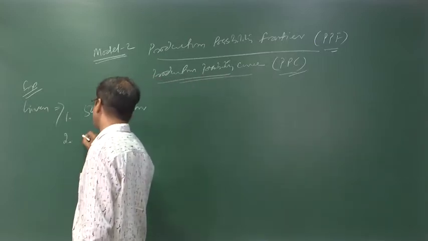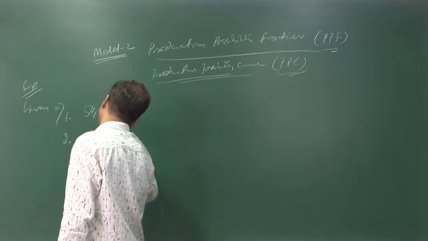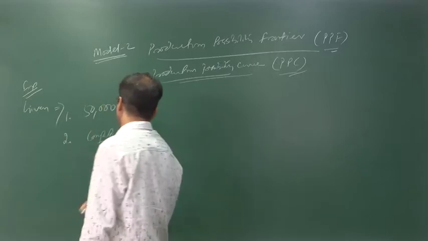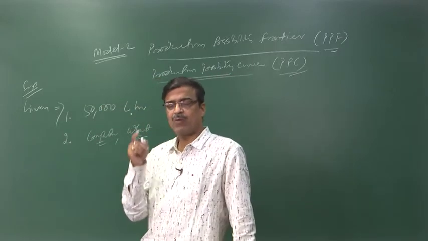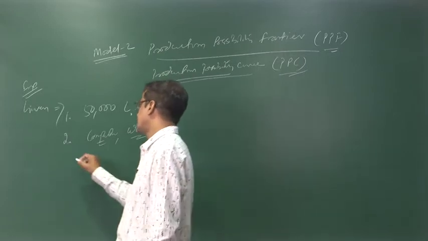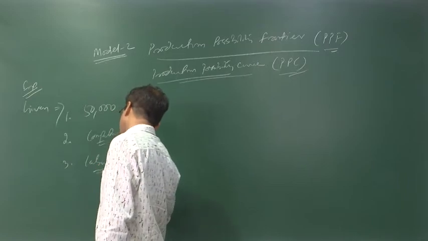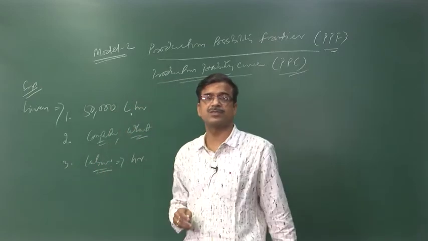We produce two types of product, one is computers and the second one is wheat. We take one technical product and, let us say, one agricultural product, and only one resource is available, that is labor. The labor is expressed in terms of how many labor hours are utilized in the production process.